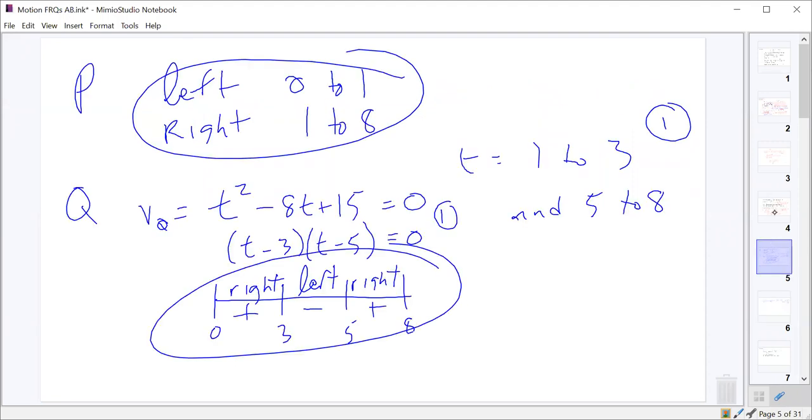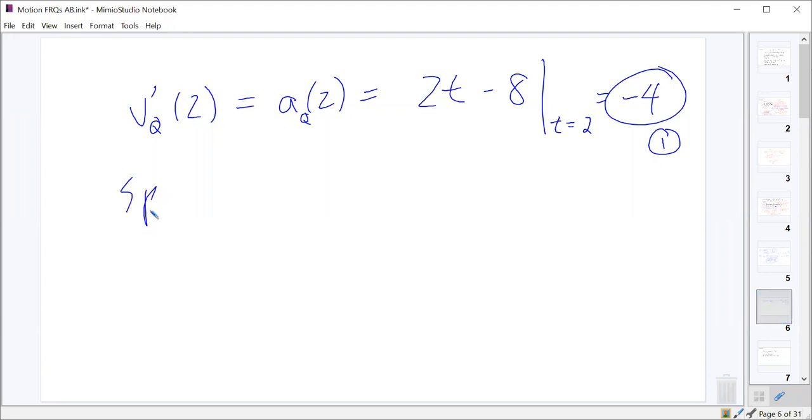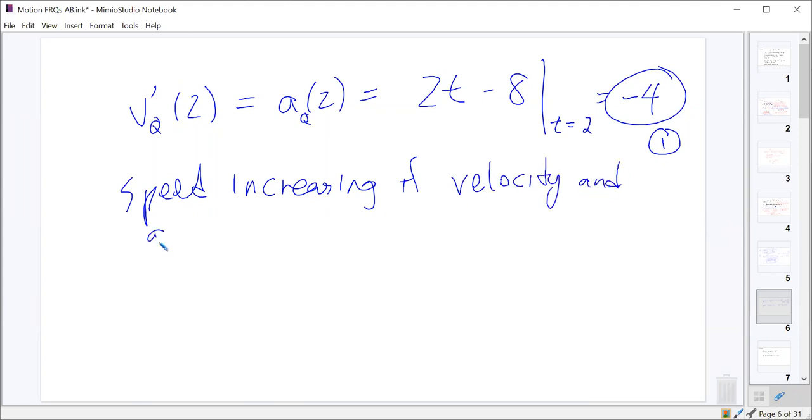The second thing it asks was about if the speed, not the velocity, if the speed of the particle is increasing, decreasing, or neither at t equals 2. So speed is increasing if what is true? Something we talked about a while back. If velocity and acceleration have the same sign.